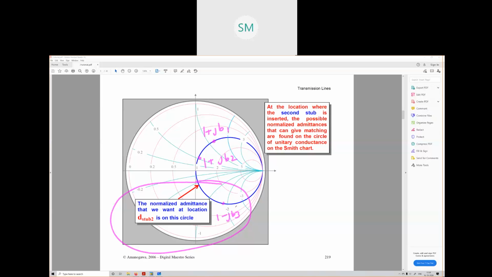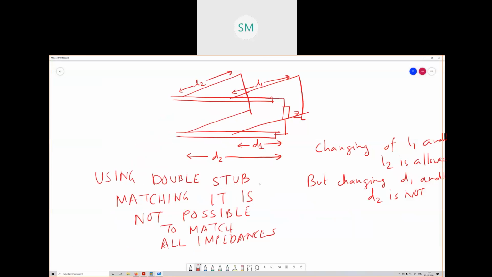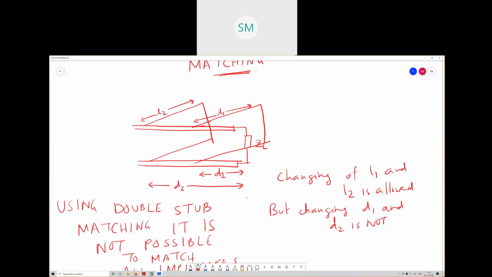So what we need to do is, after putting the first stub and moving by the distance d stub 2 minus d stub 1, what I mean is this. It is very difficult to draw. So d1 is here. We are putting an admittance and then we are moving, so we have to reach this point. This point must lie on the blue circle. You understand?